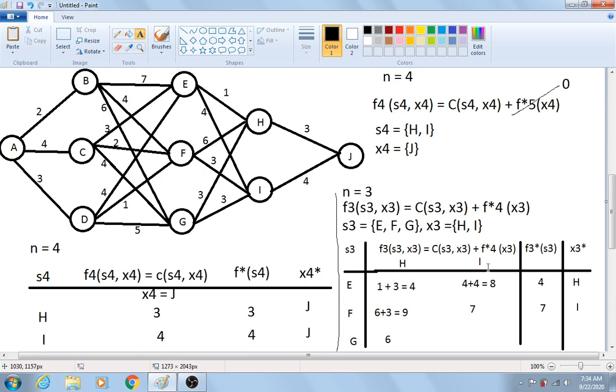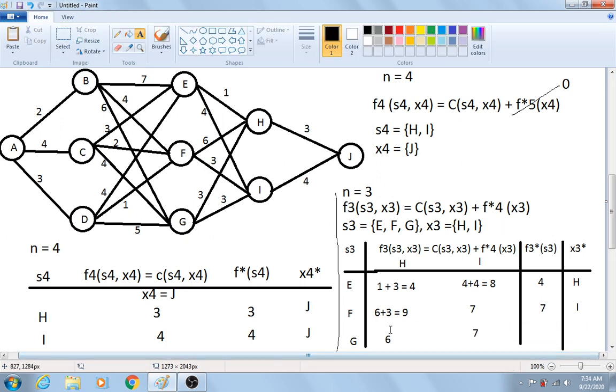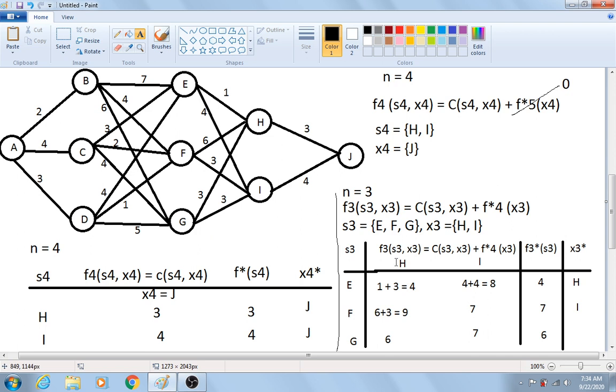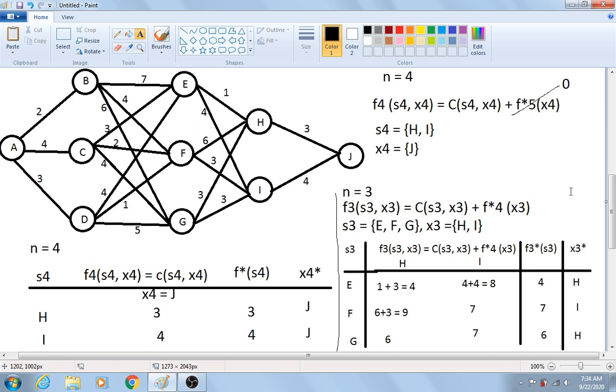Okay, and if we are at I on stage number 4, what is the lowest cost? 4. 3 plus 4, and that is 7. And what is the lowest value between 7 and 6? That is 6. And this value of 6 is given by H. Okay. So that's what we have for stage number 3.